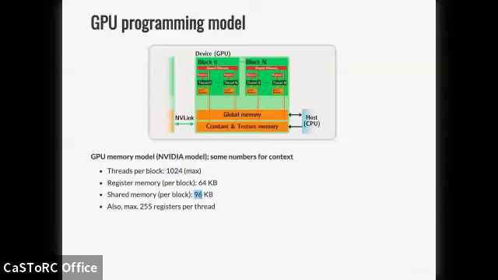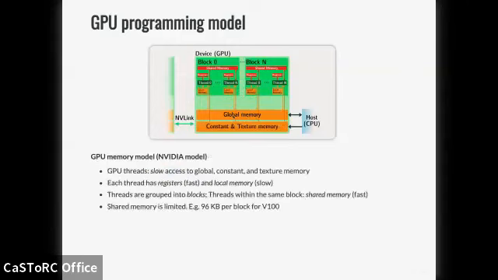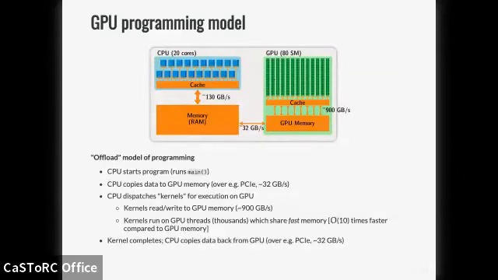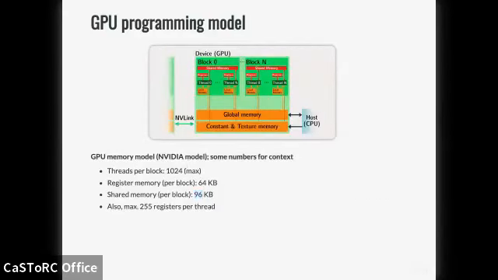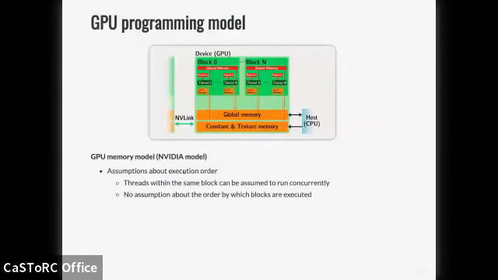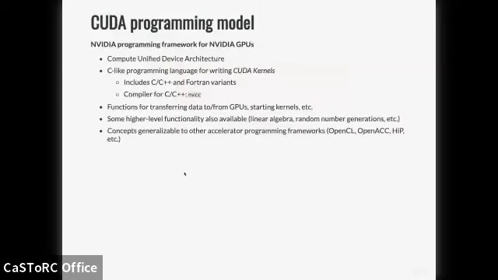What increases is the global memory, so I think you can go up to 80 gigabytes now. Other things that increase are the number of streaming multiprocessors. And this bandwidth here is faster, so it exceeds a terabyte per second on A100. So all the numbers increase basically, except maybe for this one, which stays at 1024. Okay, other questions?